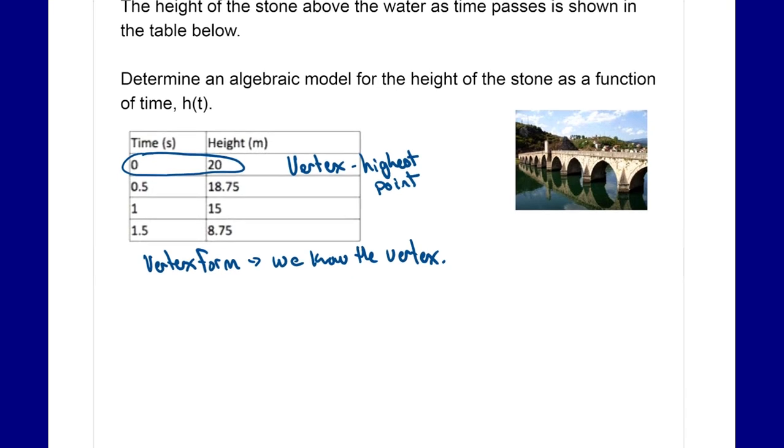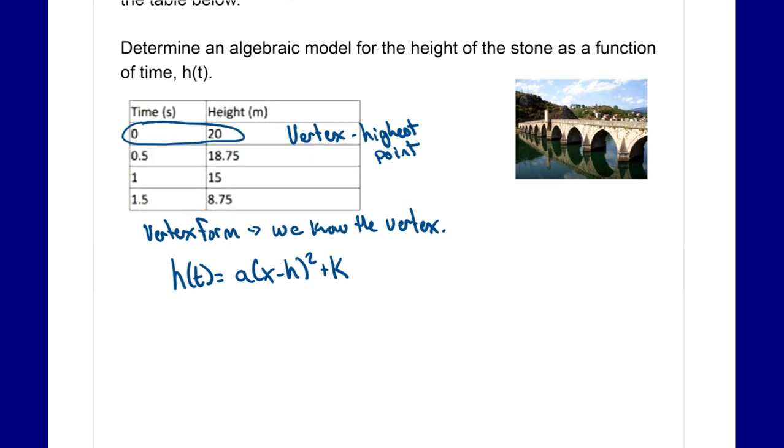So my vertex form in the form of h at t: h at t is equal to a times x minus h squared plus k. Again, that's just coming right from our notes. h at t equals, I don't know a, but I do know h. h is 0.